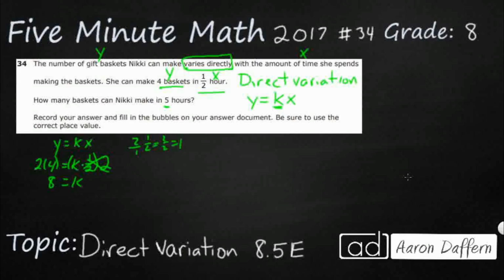And really what we solved for was the constant of proportionality. And that's something that we've even learned about last year in 7th grade. And it's this k equals y over x, which is just a variation of this right here. All we're doing is dividing both sides by x.